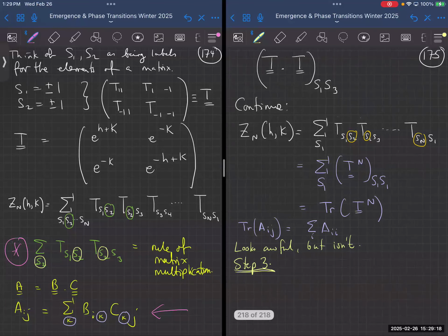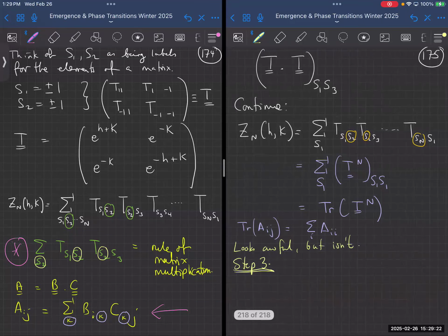So what I can do is remember that I can diagonalize the matrix because the matrix T is symmetric. It's symmetric because of the structure of the original Hamiltonian. So how do you diagonalize a 2 by 2 symmetric matrix? What you do is you simply do this.